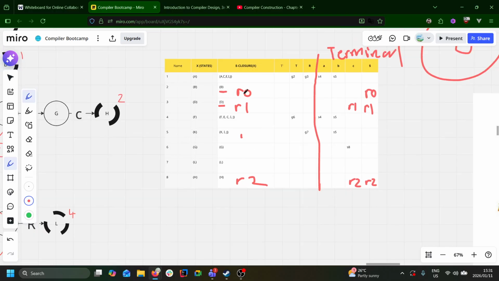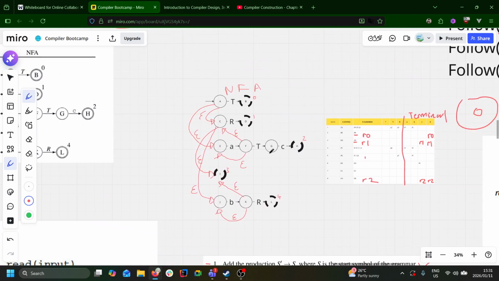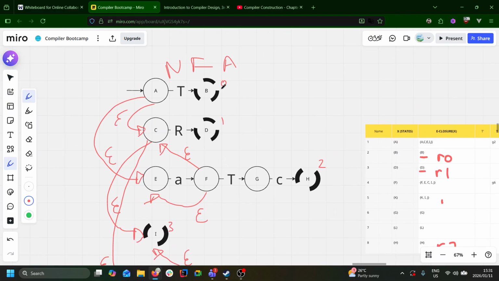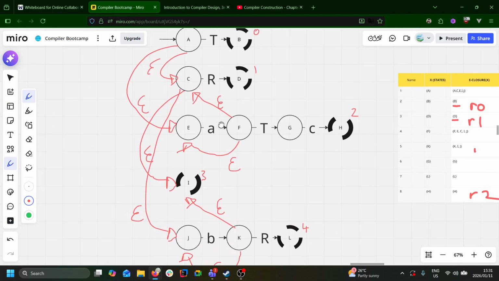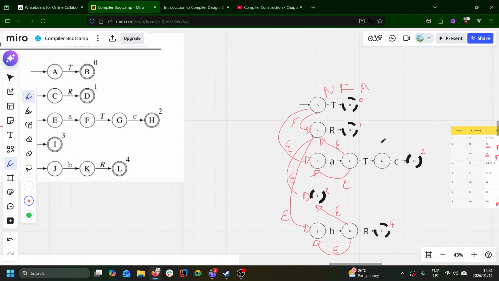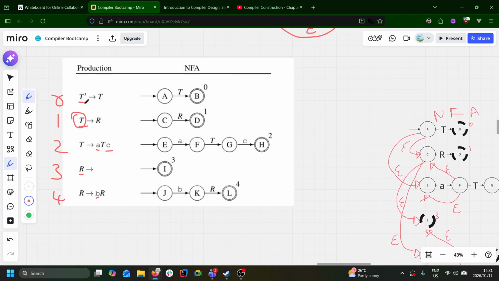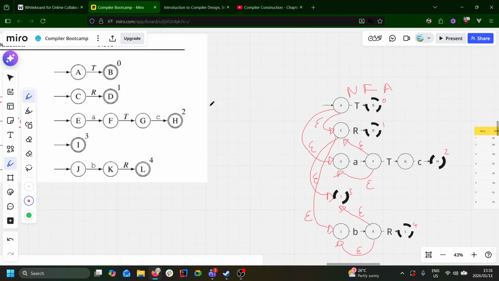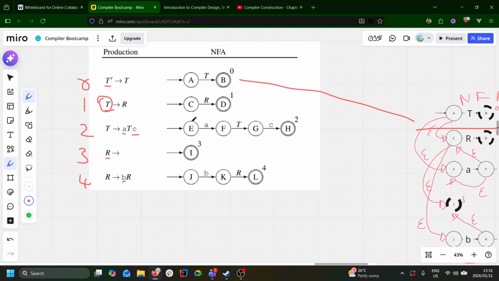So these rules, they correlate. So remember at the beginning, we added these numbers. So we labeled each accept state according to the production rule they come from. So this one came from rule number 0 over here, and this one came from rule number 1, and this one came from rule number 2, and then 3, and then 4.